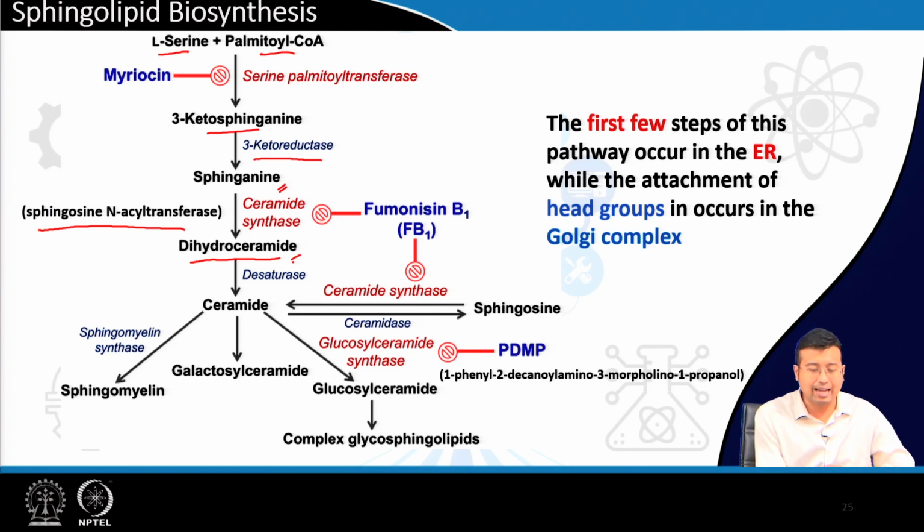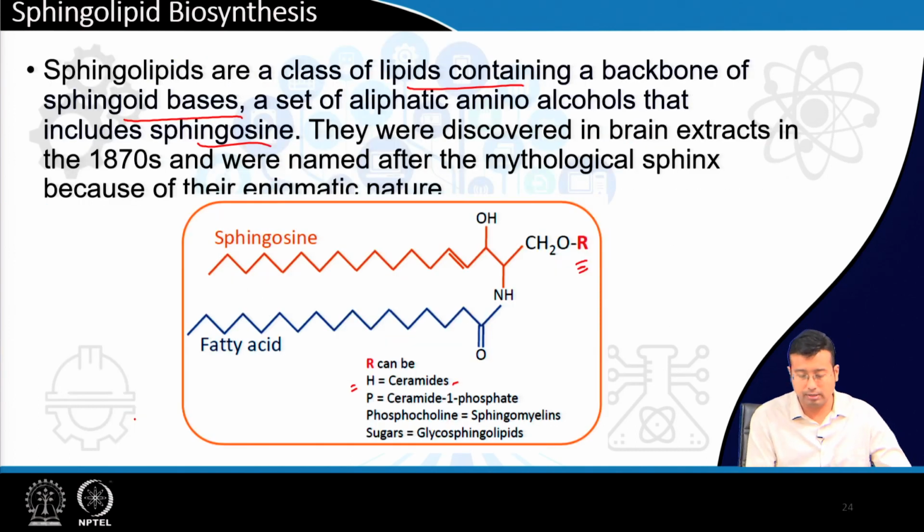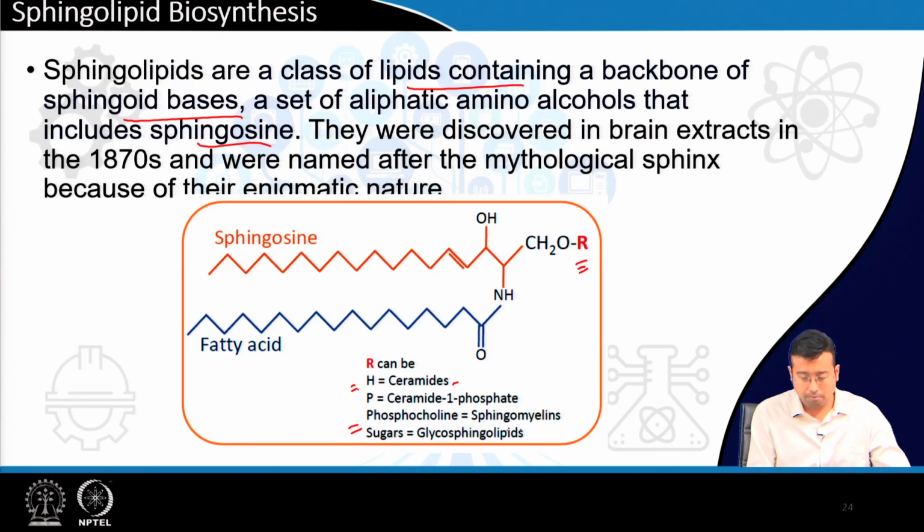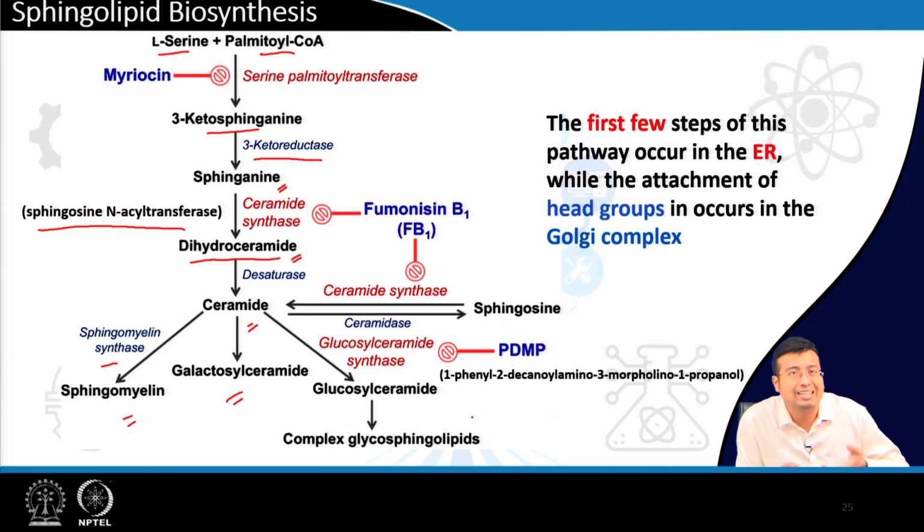So, this dihydroceramide is then desaturated to form ceramide, and then subsequently with the help of multiple enzymes, sphingomyelin synthase, we can get sphingomyelin, where this H will be replaced by phosphocholine, alright. We can get galactosyl ceramide, where galactose will replace the H. Next, very important, a glucose molecule can replace the H, that will be known as glucosyl ceramide.